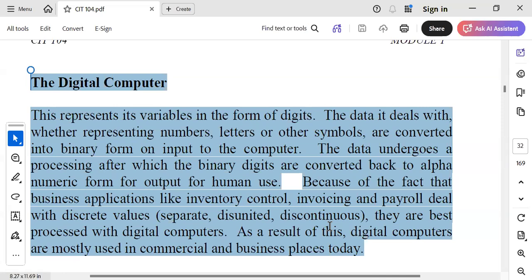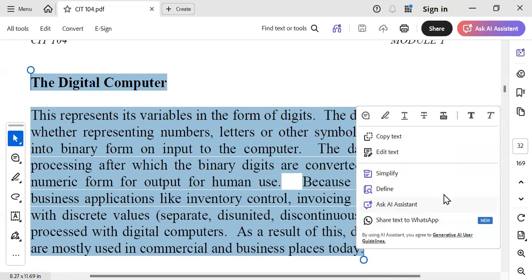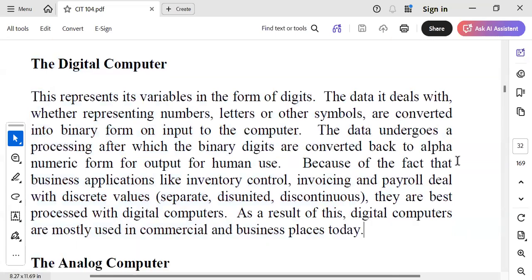What is the topic sentence? Digital computer. No. Sir, what is the topic sentence in that paragraph? I won't tell anybody the meaning of topic sentence anymore. What is the topic sentence in your paragraph? Which statement captures the whole thing discussed there?